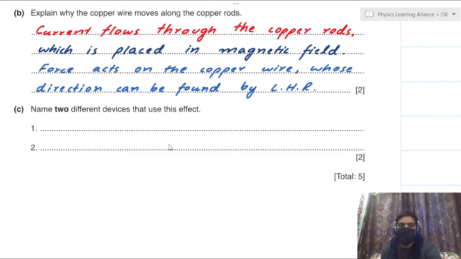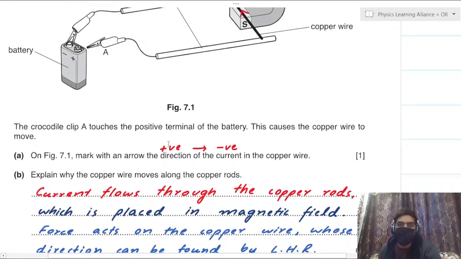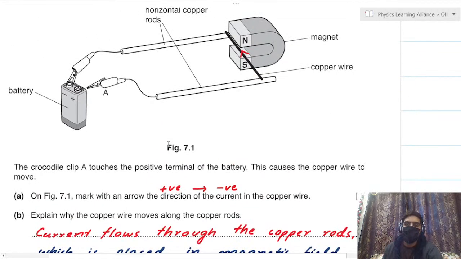And what does that rule say? You can mention that rule as well. Even you can mention the direction of force as well. In this specific case, North Pole, you place your finger in that way, so the force would be acting towards left, towards this side.